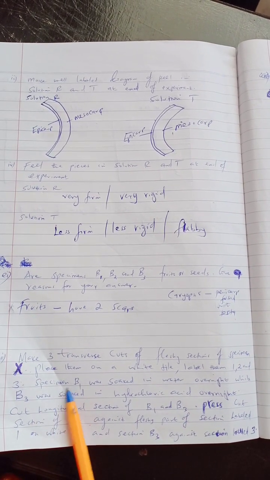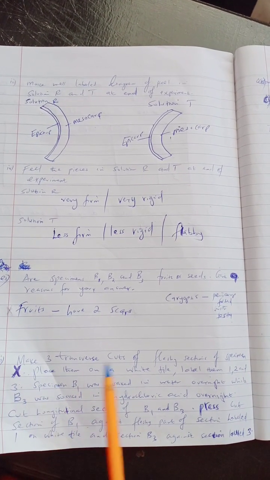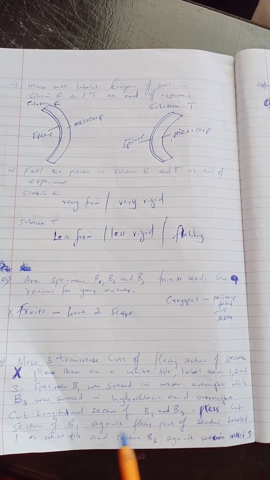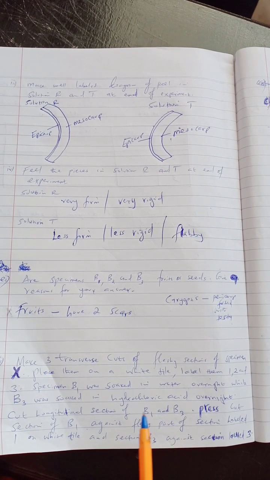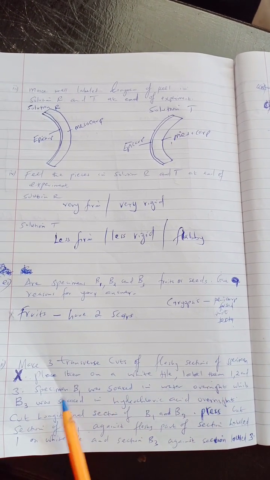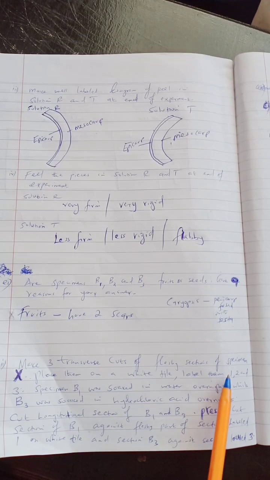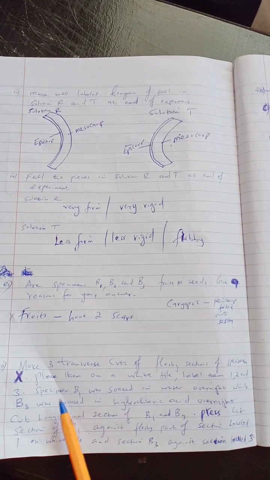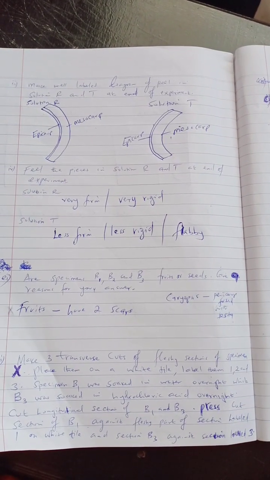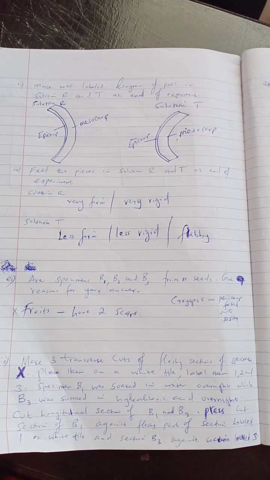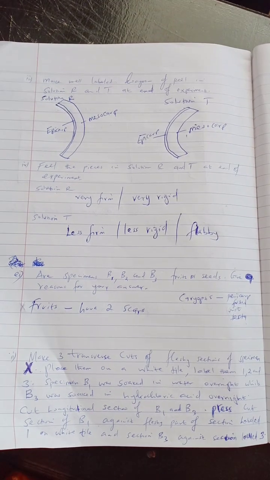You make longitudinal sections of B1 and B3, and then B1 you place against the fleshy section of banana labeled 1, because there are 3: you label 1, the other one 2, the other one 3.